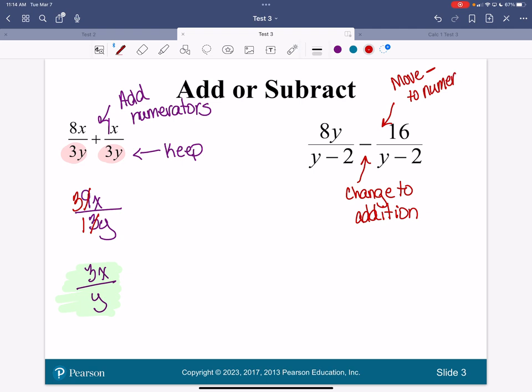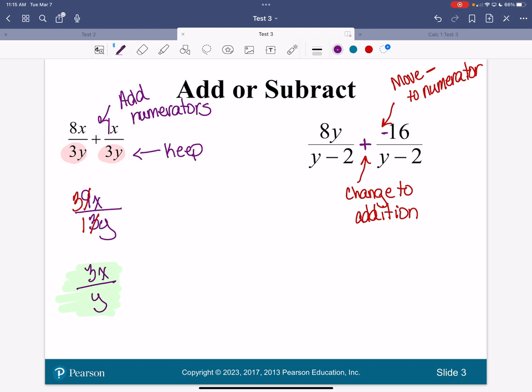Sometimes that means you're going to have to distribute. Sometimes when you move the negative to the numerator, you have to distribute. And we will do problems like that. So this is going to become plus, and my 16 becomes negative. So I changed my subtraction to addition, and I moved the negative to the numerator.